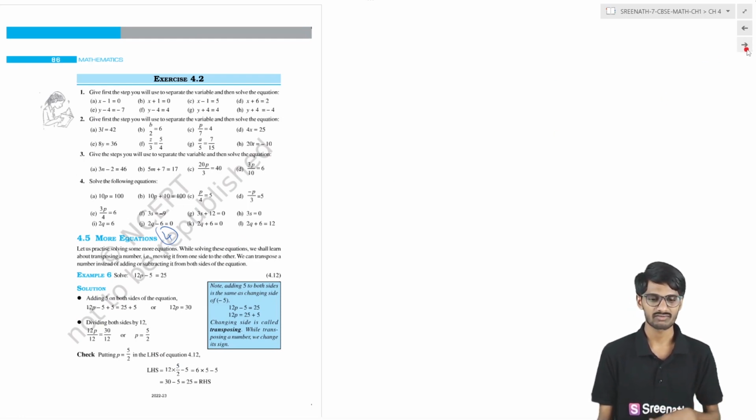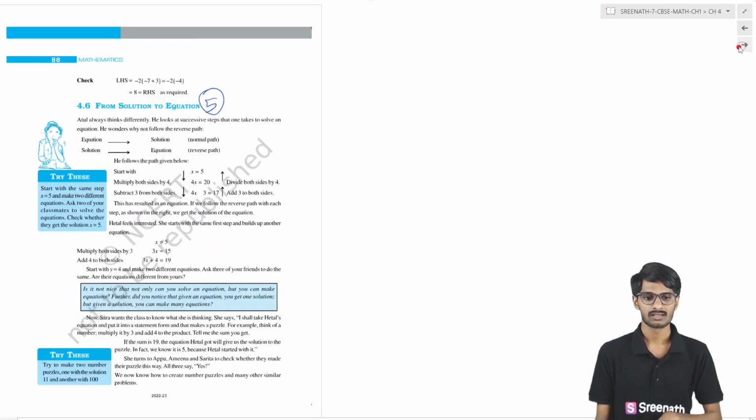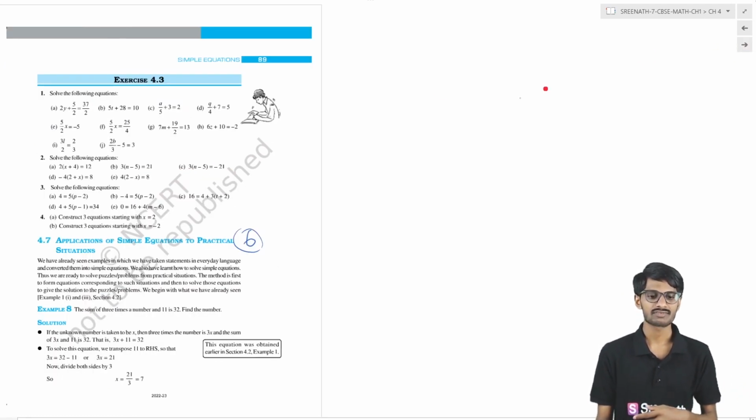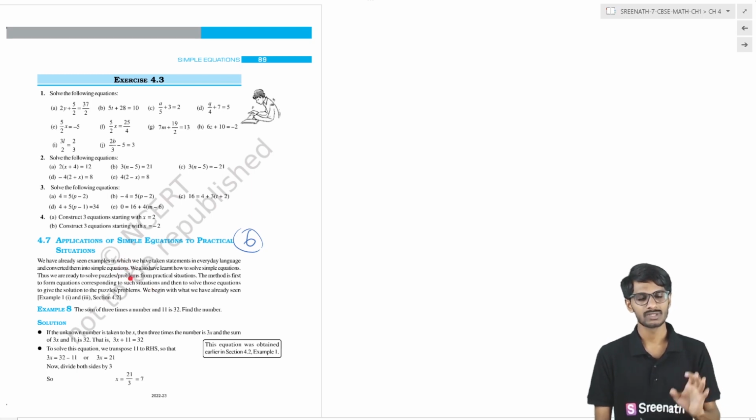So what are the different forms of equations? And fifth topic is from solution to equation. Until now we have discussed it from equation to solution. Now we are going from solution to equation. After that, applications of simple equations to practical situations. So we are going to apply some simple equations to practical situations.